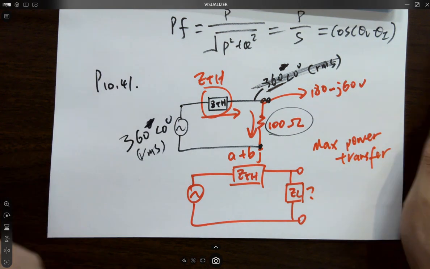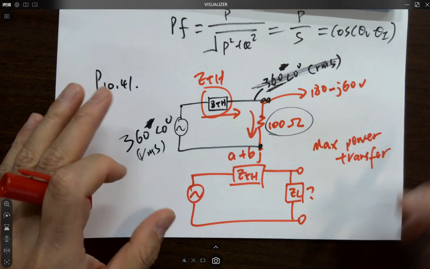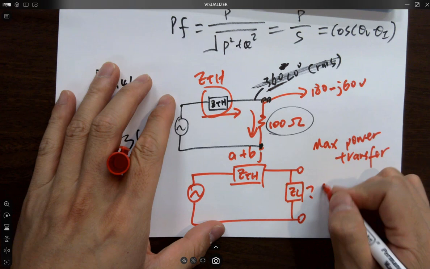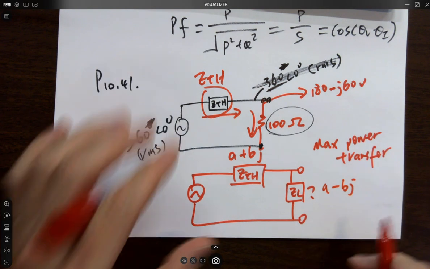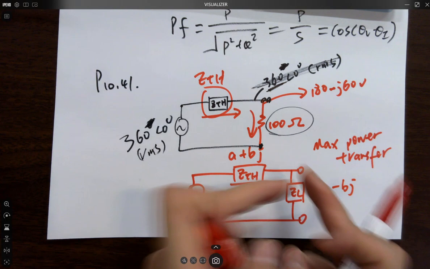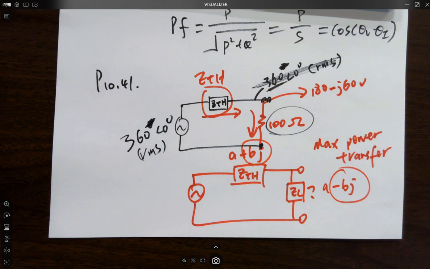Remember in the past when we did maximum power transfer, we let the load resistor be equal to the RTH. Now you don't want to directly match it. What you want is A minus Bj, the conjugate of that ZTH. If you add them together, the inductive part will be gone. So you get maximum power transfer because you don't have reactive power consumption.